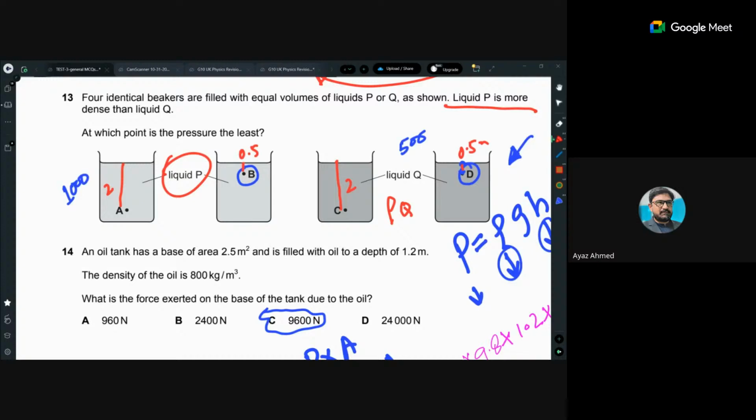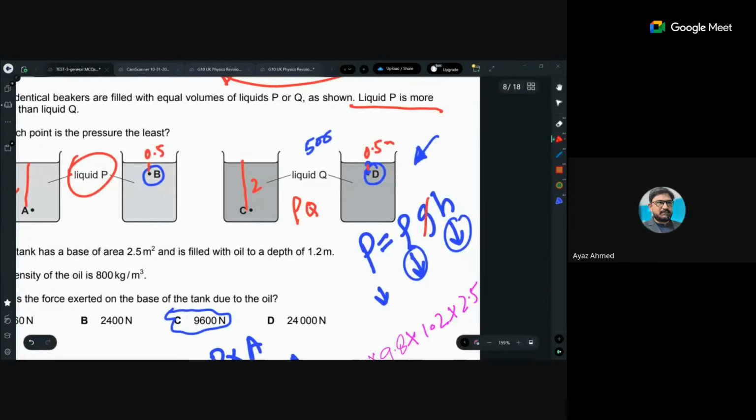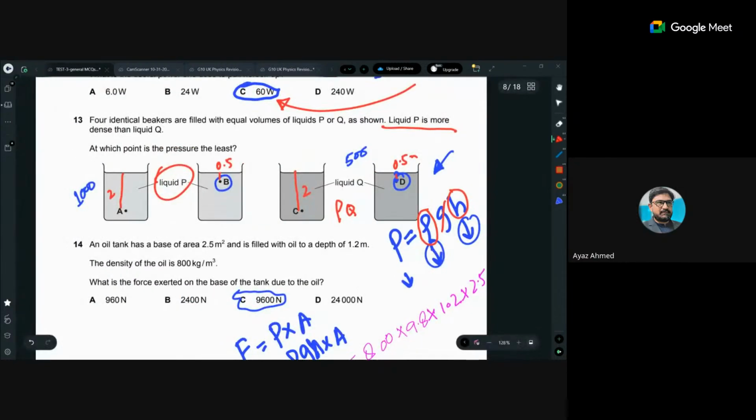When you multiply rho, g, and h, just forget about g because g is constant. So if you multiply rho and height, for which beaker would the answer be least? Here it is 2000. Here it is 500. Here it is 1000.